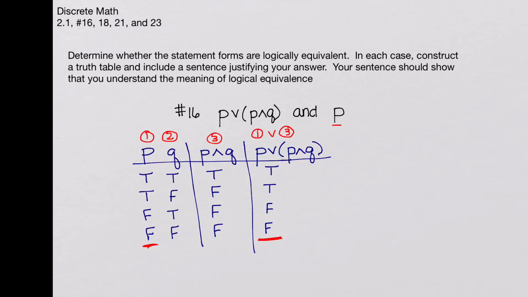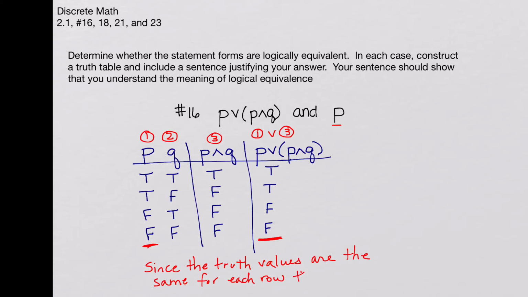So they match, so my statement is simply going to be, since the truth values are the same for each row, the statements are equivalent.